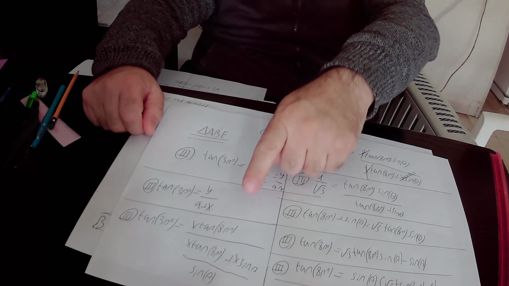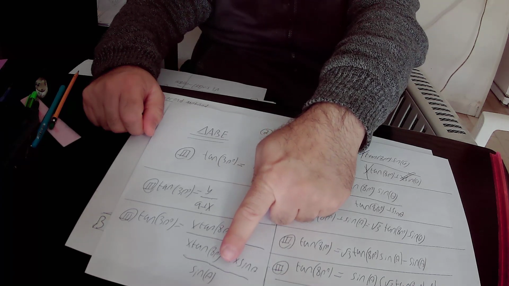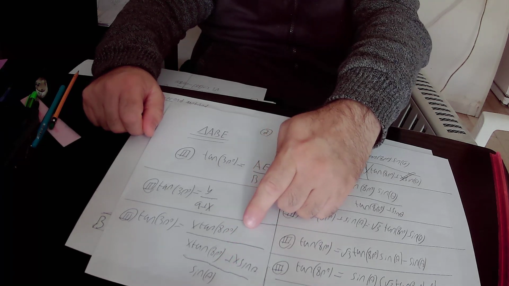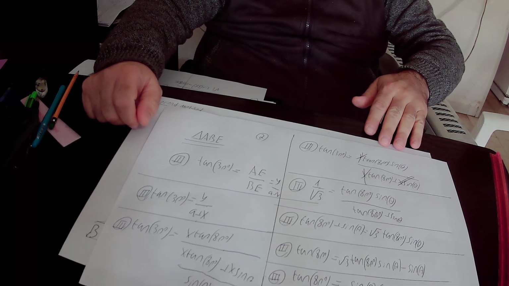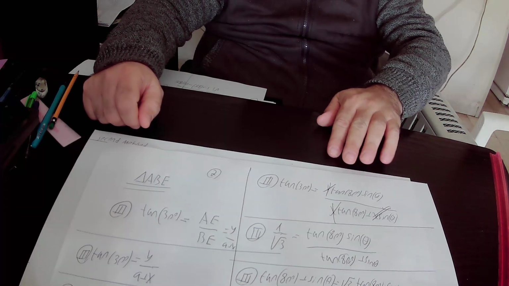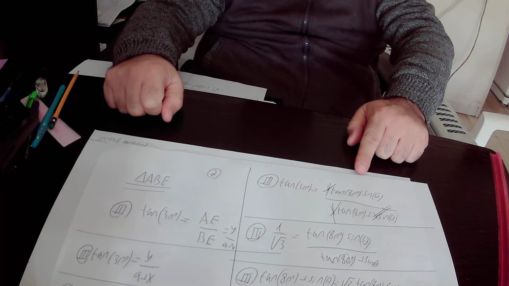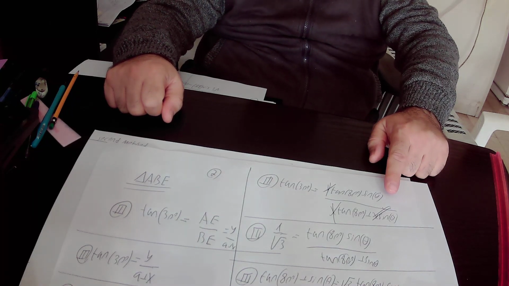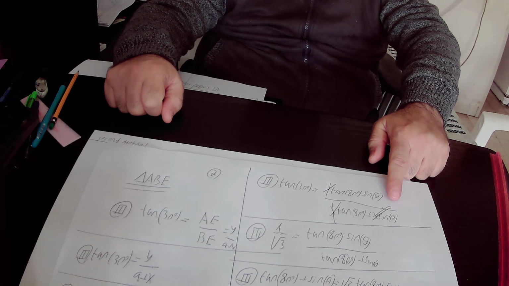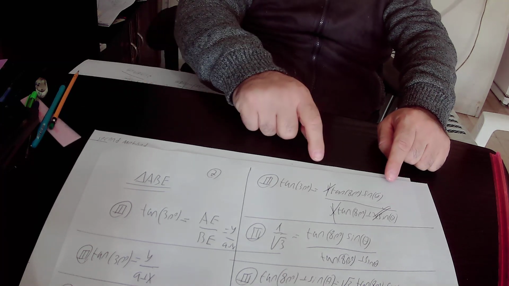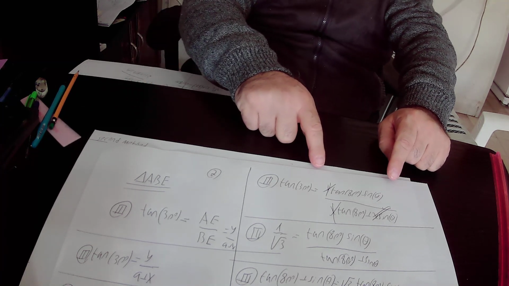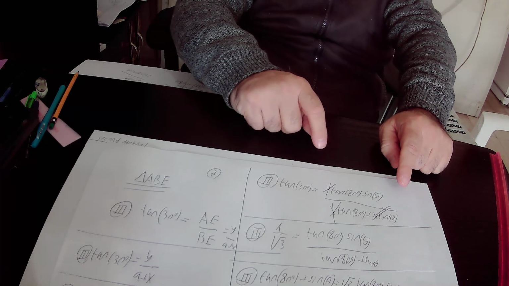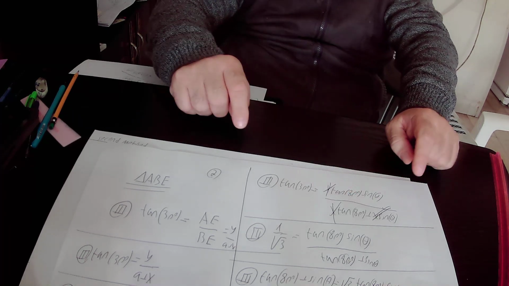And then we moved sine theta from the denominator to the numerator, and we got that tangent 30 degrees equals X tangent 80 degrees times sine theta over X tangent 80 degrees plus X sine theta. Here we have X in the numerator and X in the denominator, so X will get cancelled.